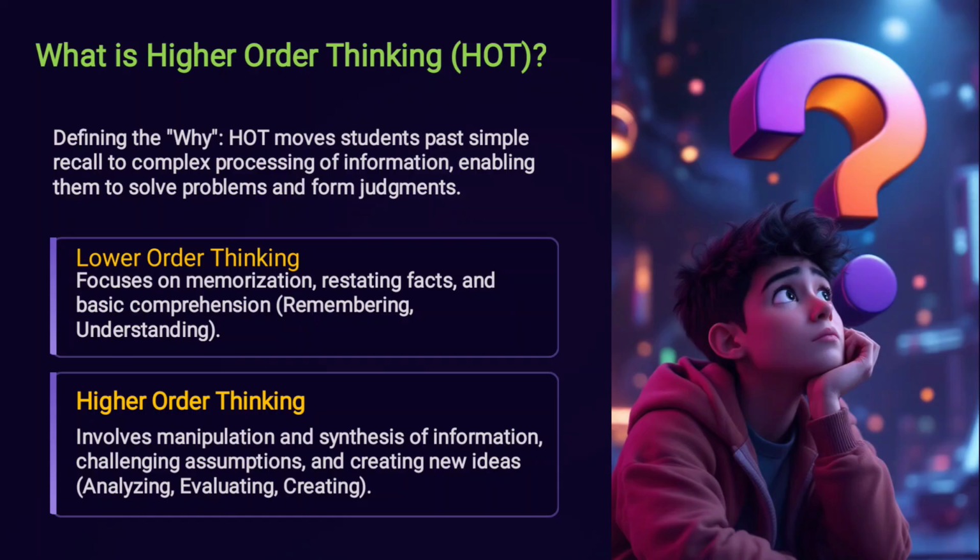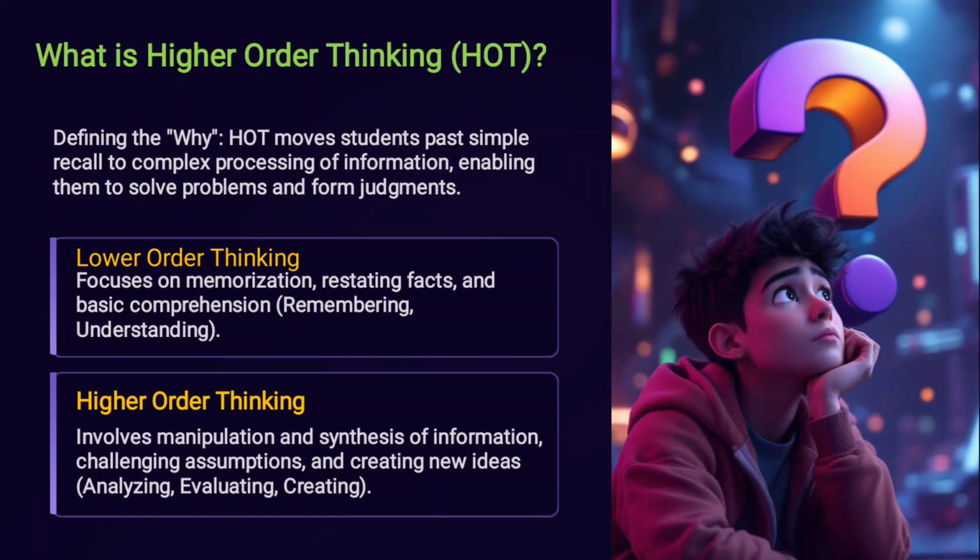Higher order thinking moves students past simple recall to complex processing of information, enabling them to solve problems and form judgments. Basically, thinking can be categorized in two levels. One is low order thinking and second is high order thinking.